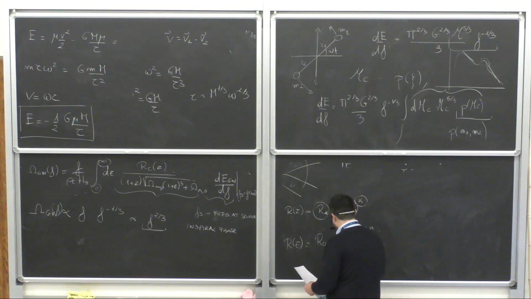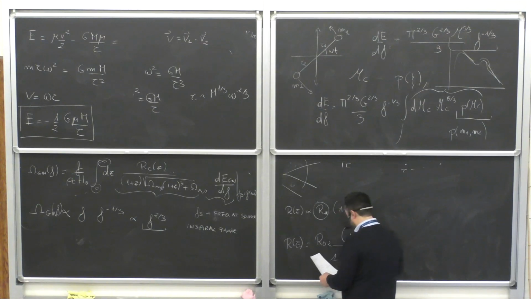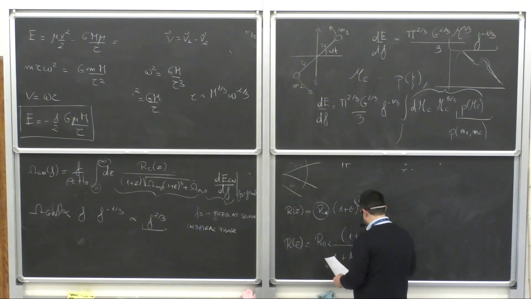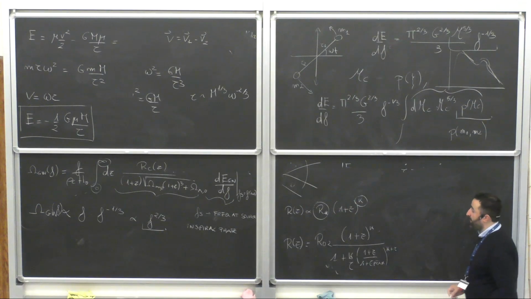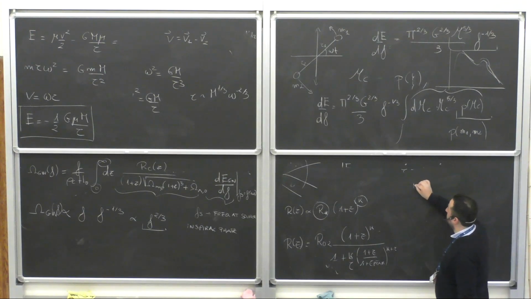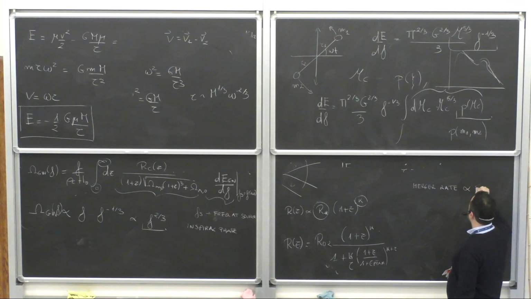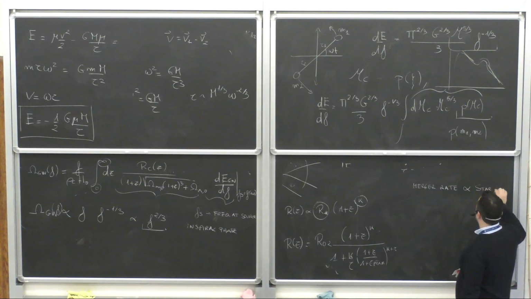Let me write it. They assume that what is called the merger rate, so the merger of events, is proportional to what is called the star formation rate.